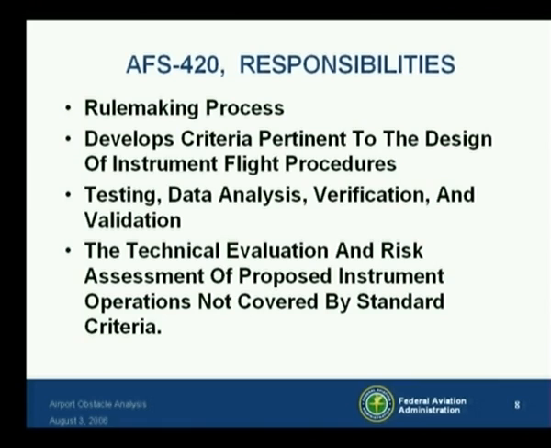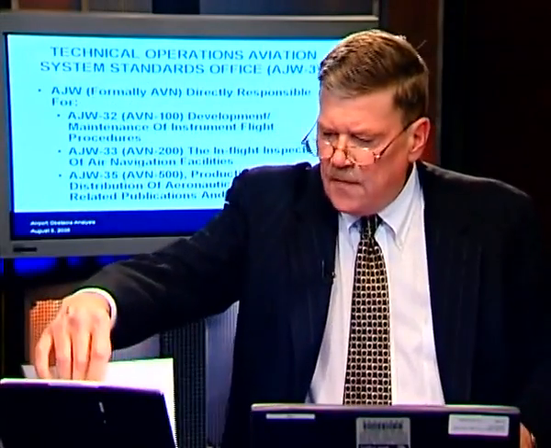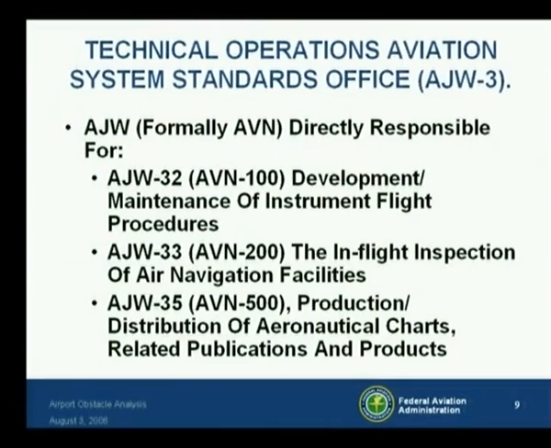AFS 420 is the primary interface, and that's a key issue here, between Flight Standards and what used to be AVN, Aviation System Standards. AVN is now AJW. A stands for FAA, J stands for ATO, or Air Traffic Organization, and W stands for Technical Operations.